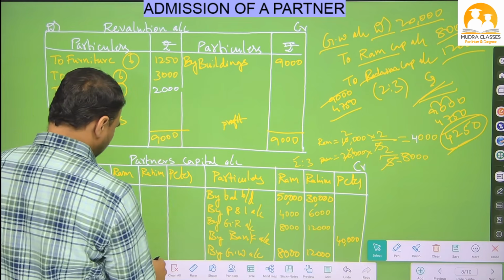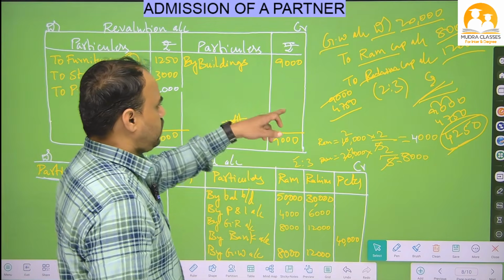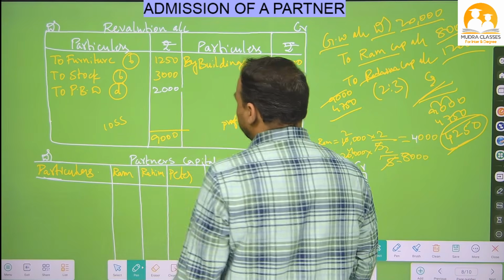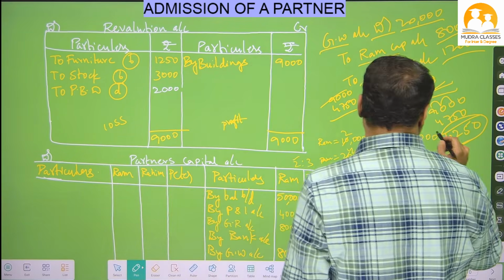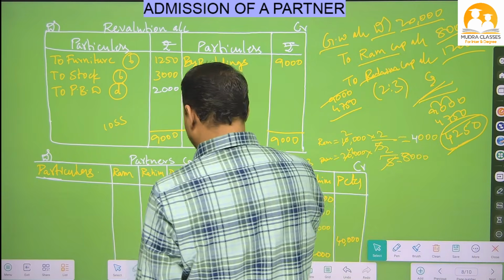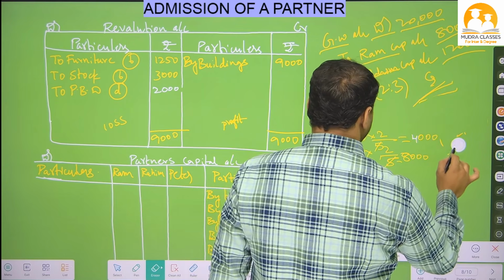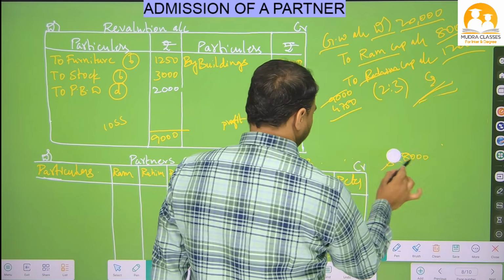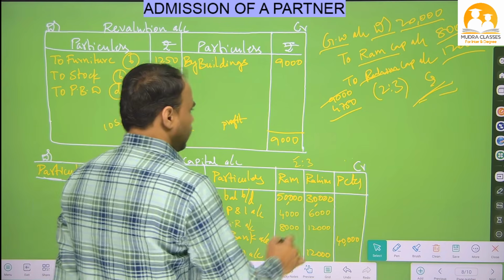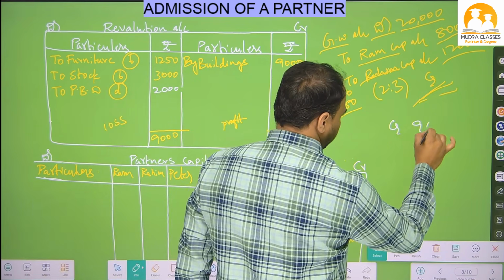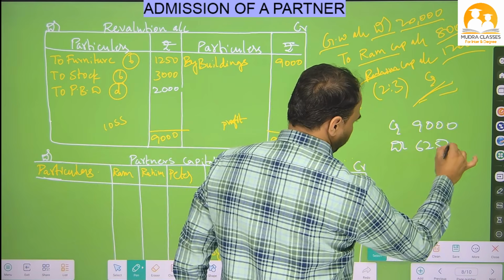Okay, now if you calculate debit side, credit side total, let's see. Credit side total is 9,000 rupees, and debit side total you check: 3,000 plus 2,000, 5,000, 6,250. So credit side total is 9,000 rupees and debit side total is 6,250.